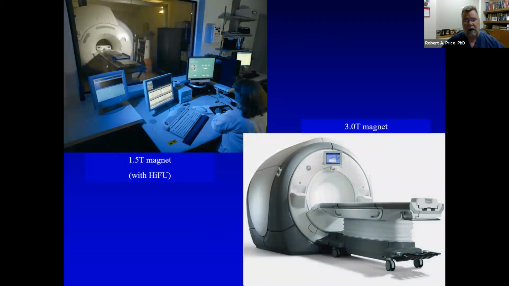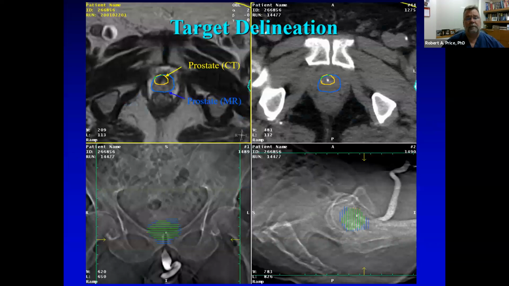We have 2 MRI units within the department. We have a 1.5 Tesla MR simulator with HIFU for tumor ablation, as well as a newly acquired 3T magnet for simulation. And this is a very old slide. This one was taken off of one of our original CTs or MRs, but just to give you an idea of how much better you can see with the MR and the added advantage of soft tissue contrast.